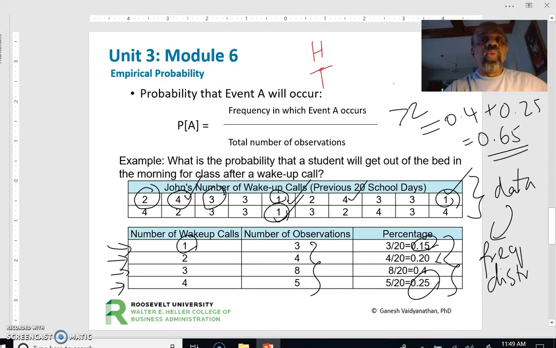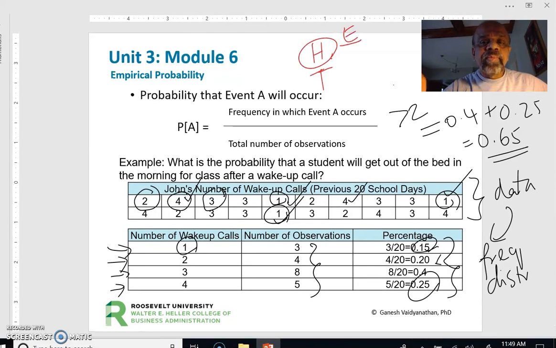If I flip 3 times and all of them are heads, the empirical probability for 3 heads will be 3 out of 3, which is equal to 1, or 100%. But the classical probability is going to be 1 by 2, because there are 2 faces to the coin. So that is 50%, right?